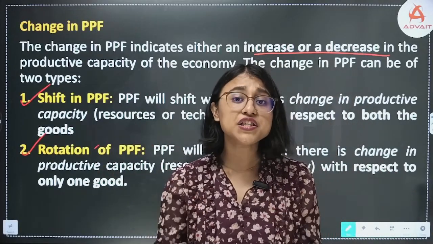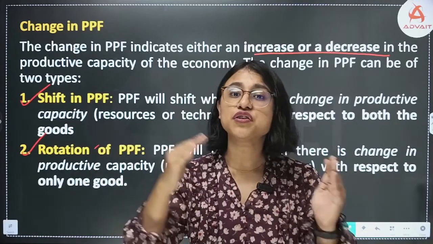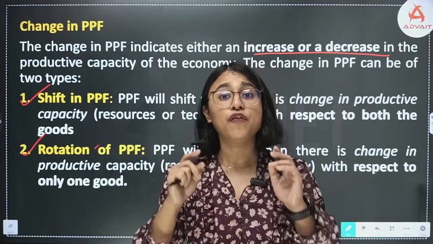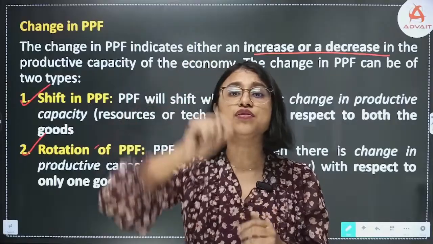Now, what is a shift in the PPF? A shift in the PPF means there is an increase or decrease in productive capacity for both the goods that we are taking on the x-axis and on the y-axis.